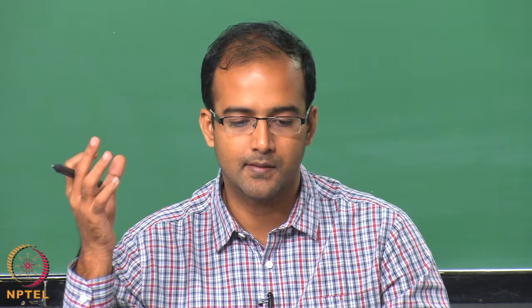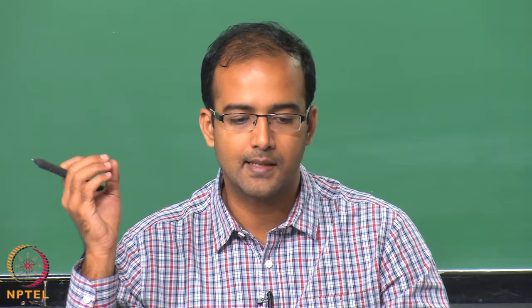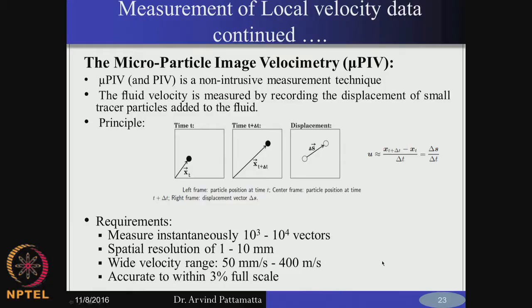Apart from that, the principle is very simple. You just add these tracer particles into the main fluid element of the system. You add several millions of these particles, and then you just keep pulsing the laser, so you have to have a pulsed laser.